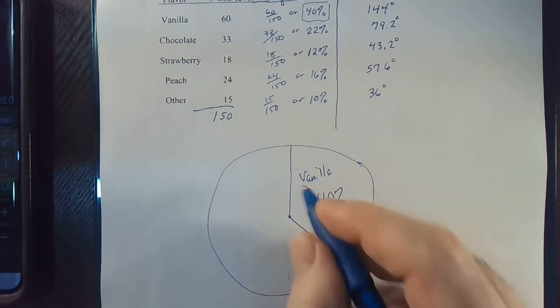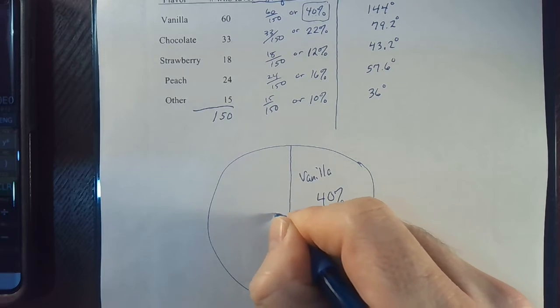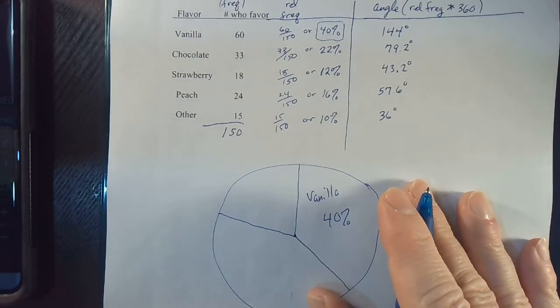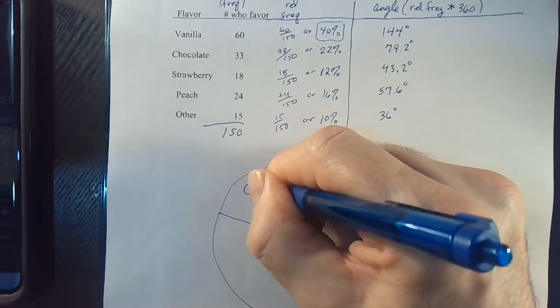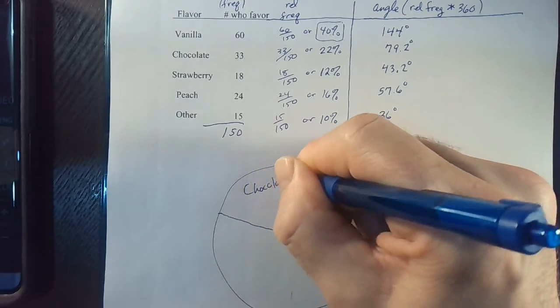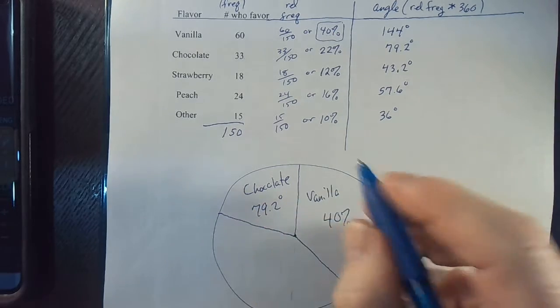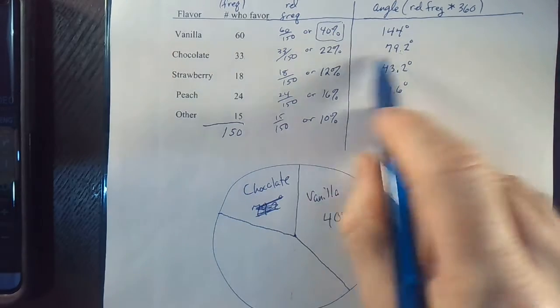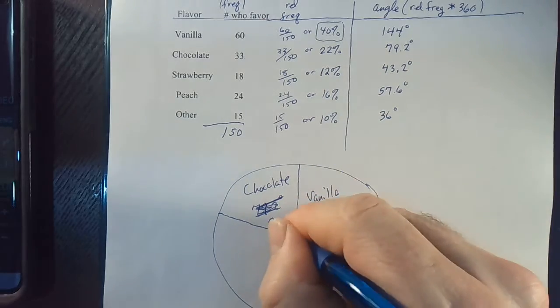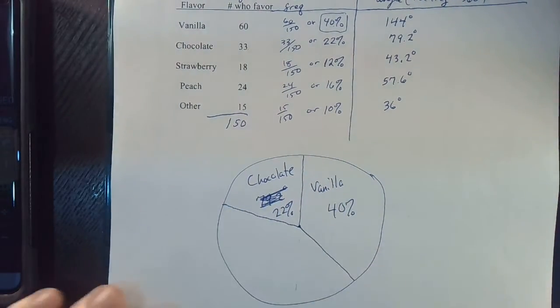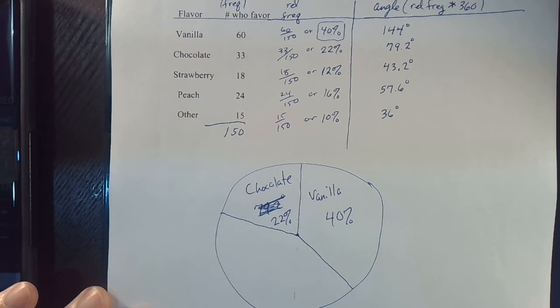So let's do a little bit less than that to make it 80. All right, so we'll call that one chocolate. And 79.2, not what I wanted. I didn't want the angle. I wanted 22%. So when we're done with this, all the percentages will add up to 100%.